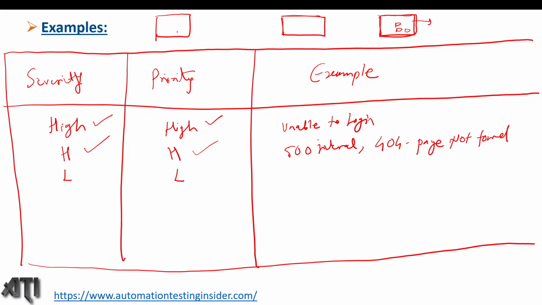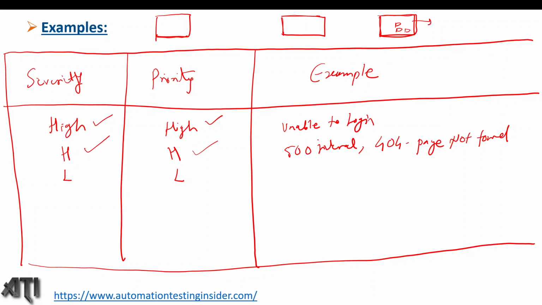So that could be an example of low priority, because it is a spelling mistake at the end of the page, at the bottom of the page. So it does not have that much importance, correct? And why is it low severity? Because it does not have any impact on the application. There is no impact functionality wise, correct? So that is an example of low priority and low severity, any spelling mistake.